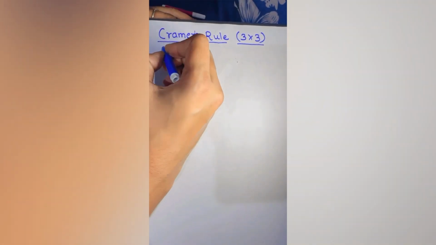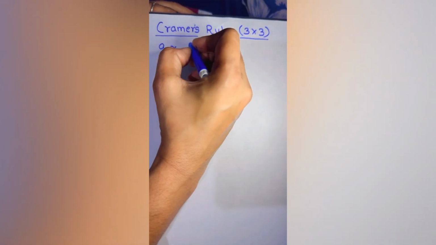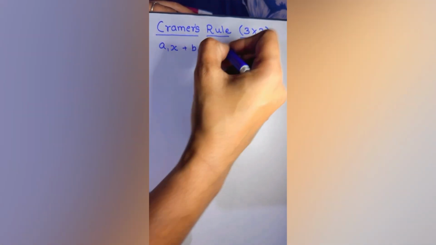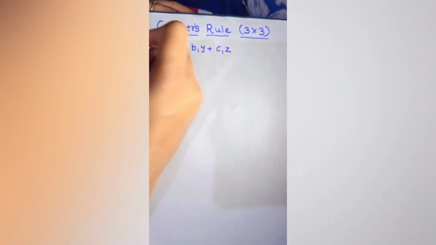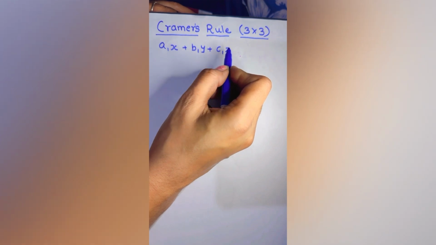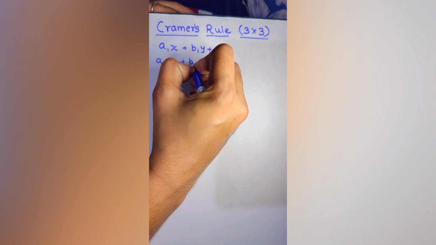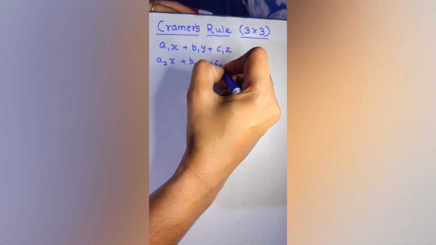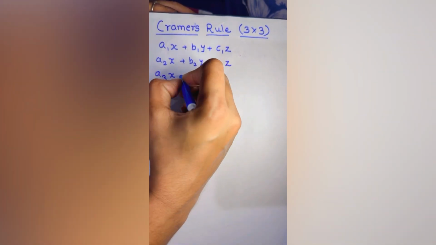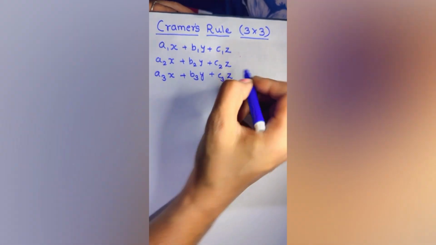Let us see the equations. a1 x plus b1 y plus c1 z equals d1. Now here we have 3 variables x, y and z. a2 x plus b2 y plus c2 z equals d2. a3 x plus b3 y plus c3 z equals d3.